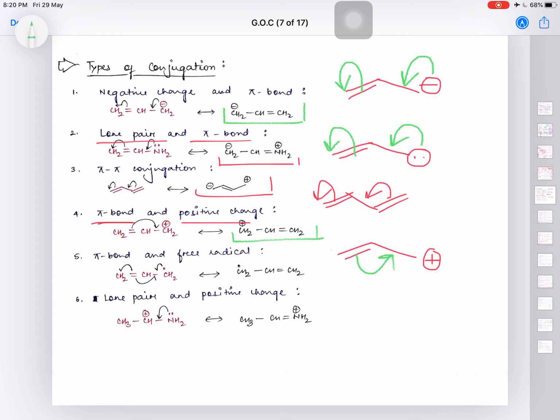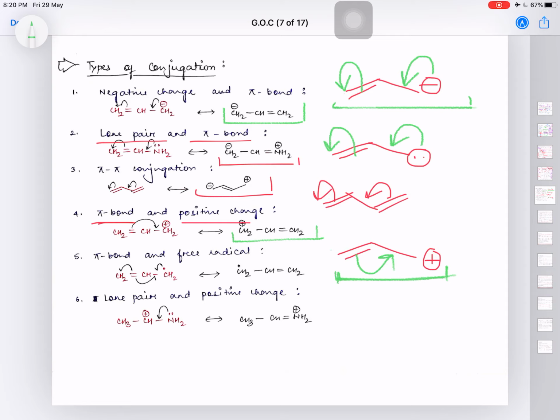Now one thing you should keep in mind while drawing resonance, one more point you have to note down: arrows move away from minus charge or lone pairs, and arrows move towards plus charge. See, in the first structure, the minus charge is there, so the arrow is going away from the minus charge.